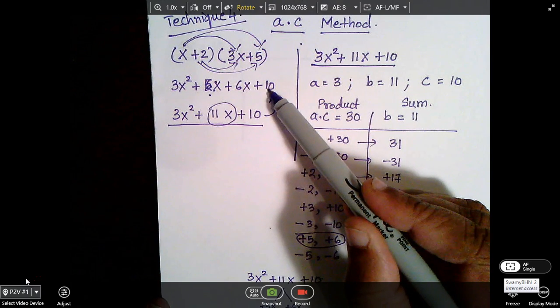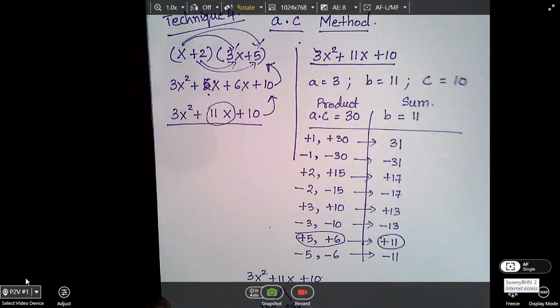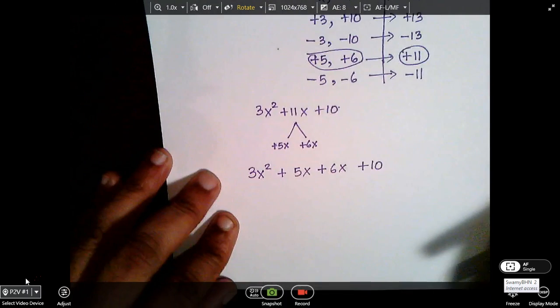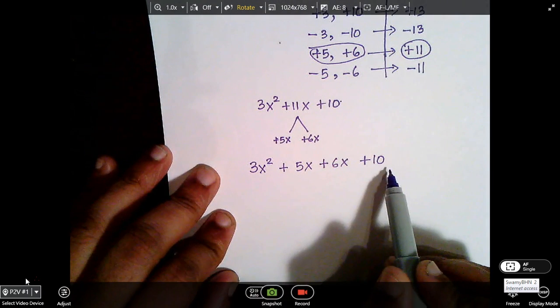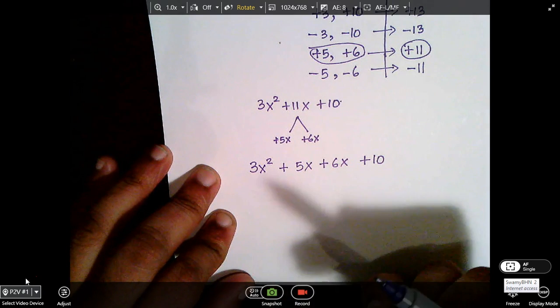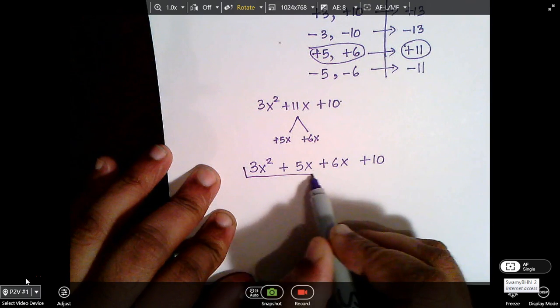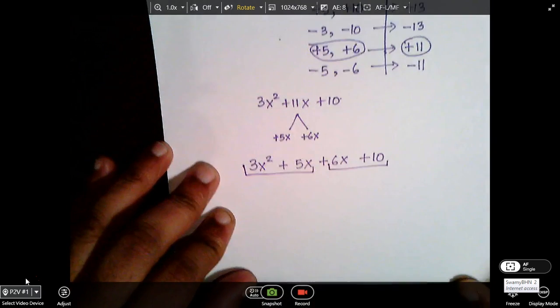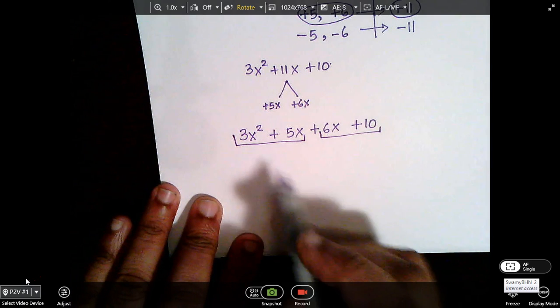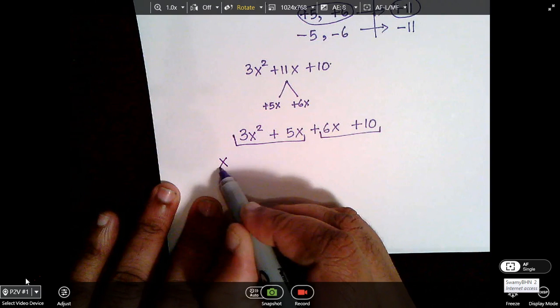Now from here I want to get there. So how do I get there? Now I have four terms, right? Since I have four terms, this is a polynomial with four terms, so I can use technique 3, which is factoring by grouping. So I group these, I group these. Now what is the greatest common factor between these two? It's an x.